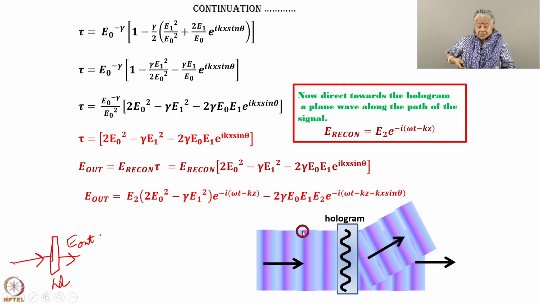Now, what happens is this wave which is coming here just gets diffracted, some part of it gets diffracted, and some part of it is just going ahead. So, you have one wavefront which is moving out this side, and there is one more beam or wavefront which is moving out this side. So, one is going at an angle and one is going there.